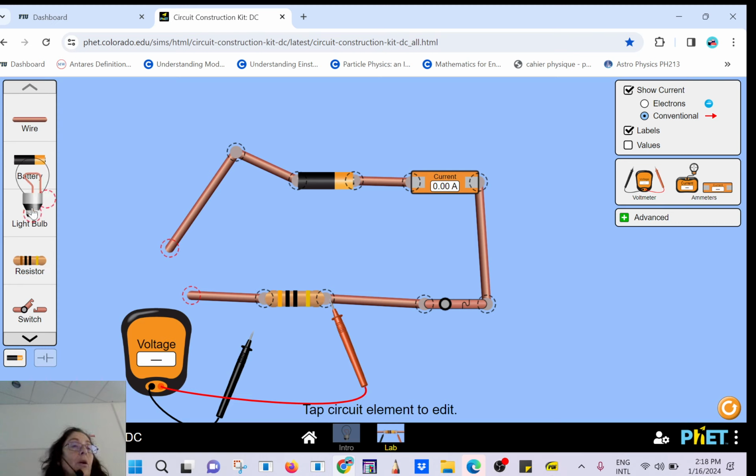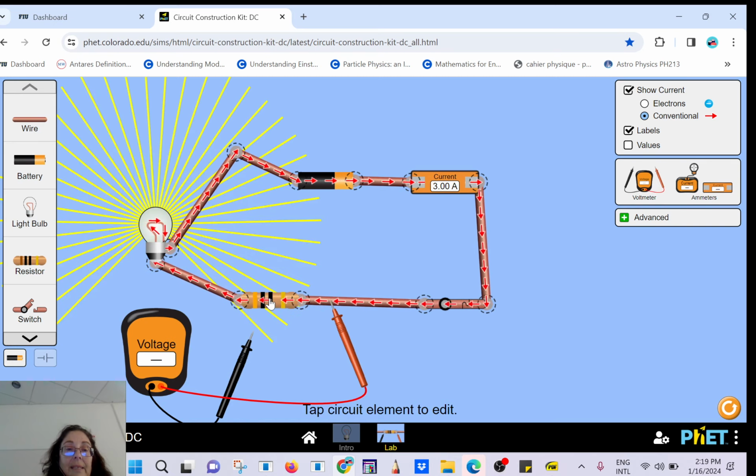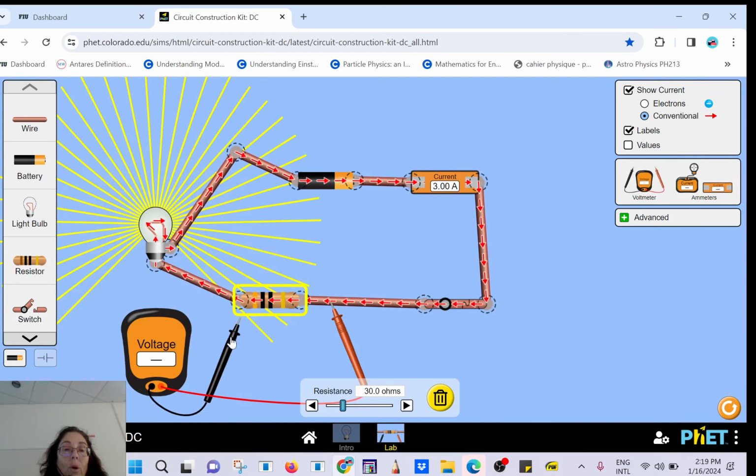But any load that we have, like this light bulb here, you're going to get the same thing because it has its own resistance. So you have a 10 ohm resistance here, and then you have a 30 ohm resistance. Most loads have their own resistance. Does it make sense? And you can apply Ohm's law.